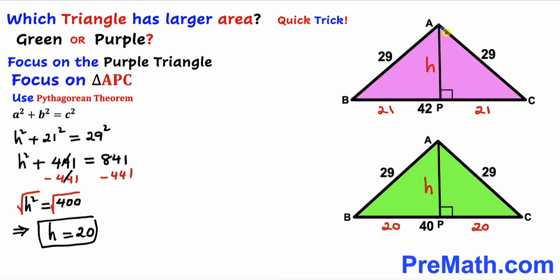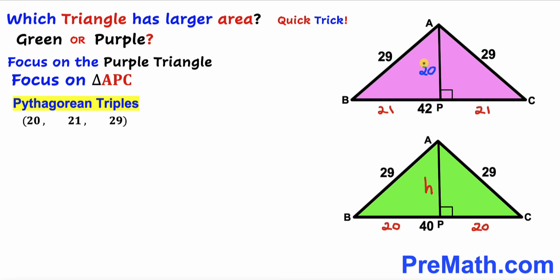Thus this height h value turns out to be 20. So we can see that all three sides of this triangle APC are well-known Pythagorean triplets, and our Pythagorean triplets are 20, 21 and 29.